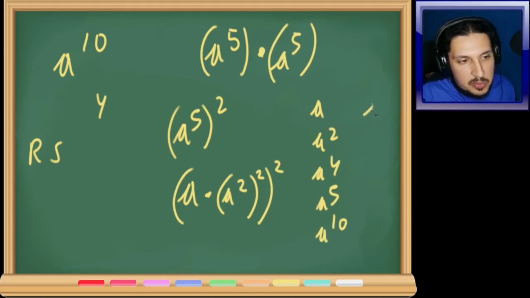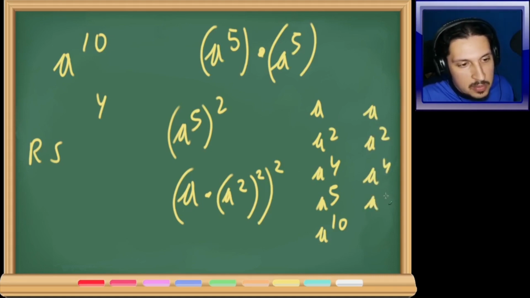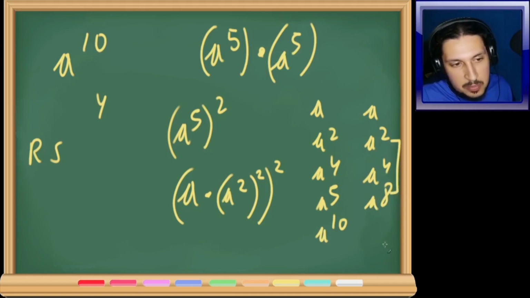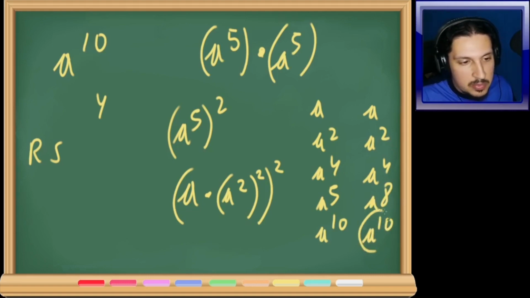But another method could be, okay, start with a, just square it again, and now just combine these two. This is very similar to the other one. And we will get in the same number of steps to the target 10. But we create different intermediate powers in the process.